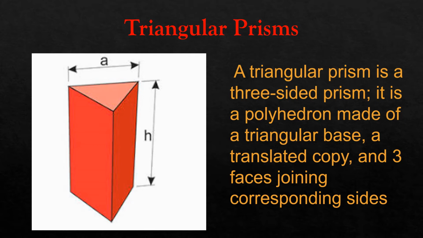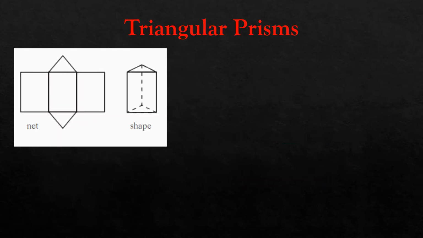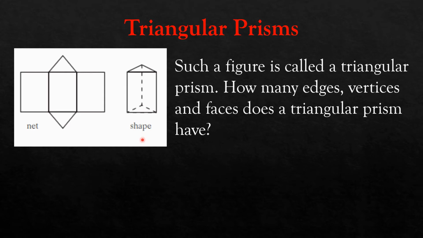That we call a triangular prism. Here the net means the two-dimensional figure and this one is the three-dimensional figure. Such a figure we call a triangular prism.